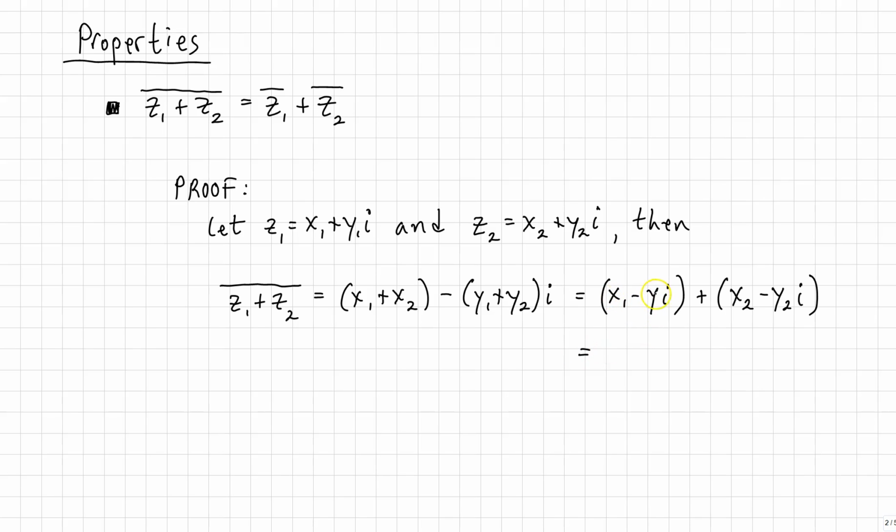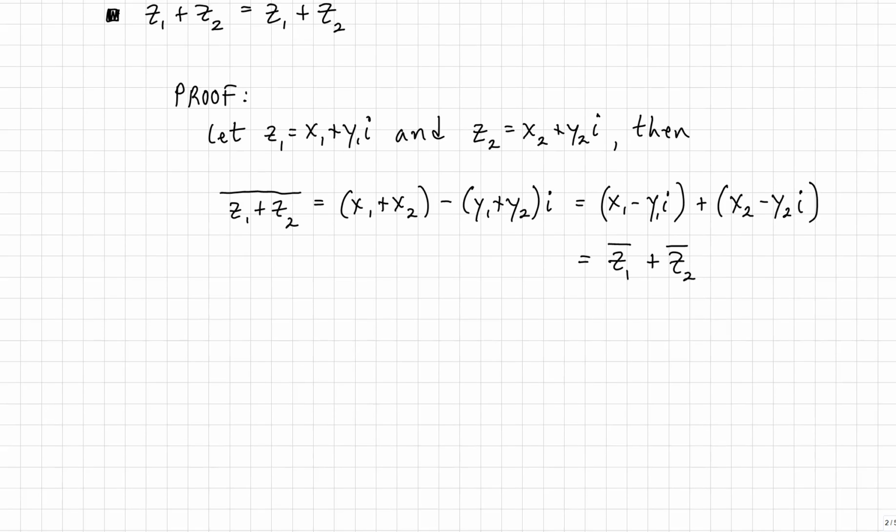And x1 minus y1i is the same thing as the conjugate of z1, and x2 minus y2i is the same thing as the conjugate of z2. So this proves that the conjugate of a sum is equal to the sum of their individual conjugates.